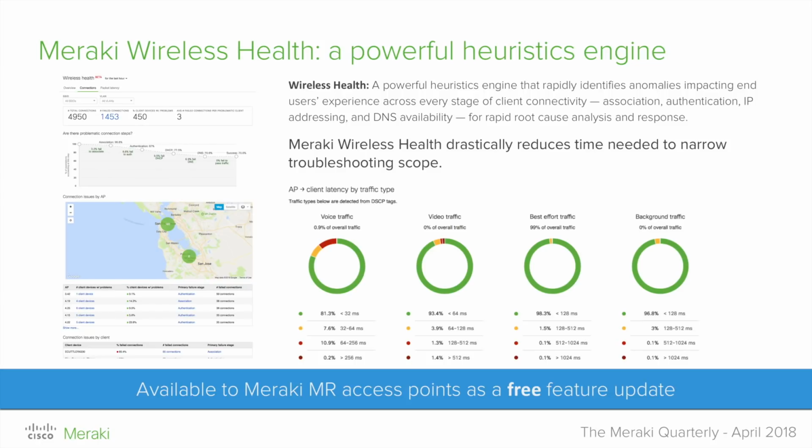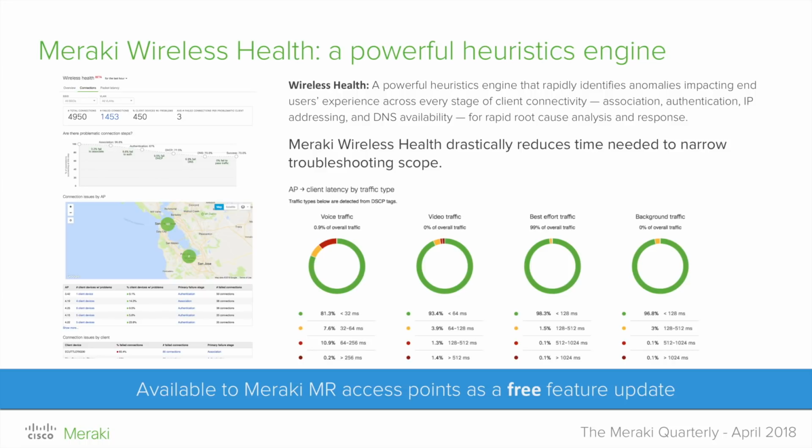What we have here is currently a feature that's in private beta, although I've been talking to our product team and we are targeting a mid to late May general availability release. So please keep your eyes peeled. This should be popping up soon as a free update to all of our wireless customers.